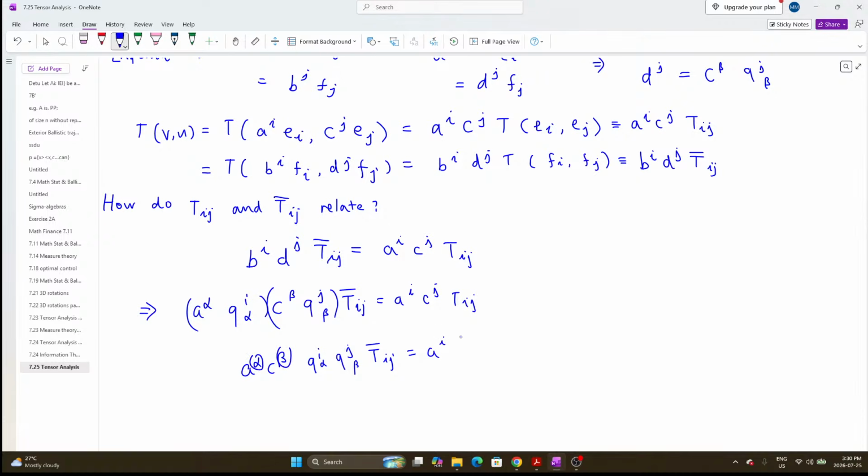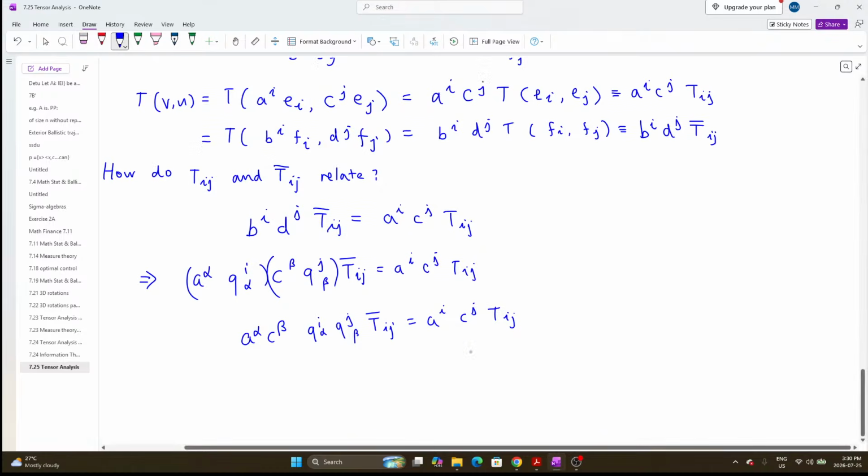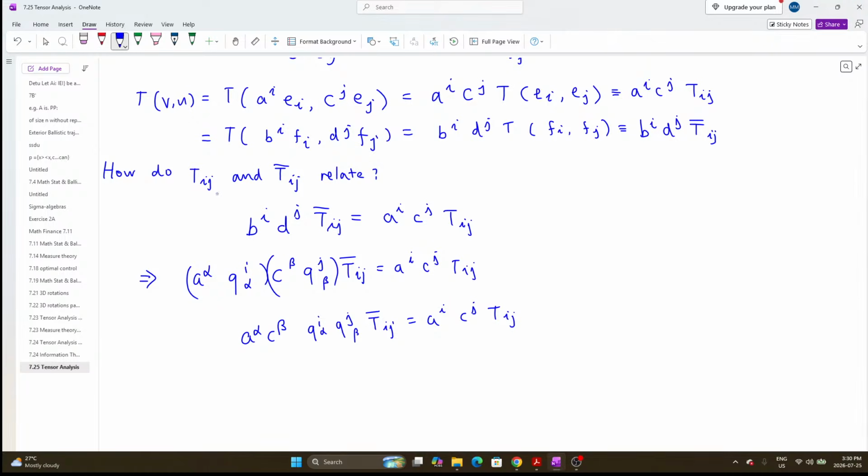I want alpha to be alpha, but here you get I, perhaps multiply that by a Kronecker delta, I guess. Does that help? CJ TIJ. I want T bar in terms of T.